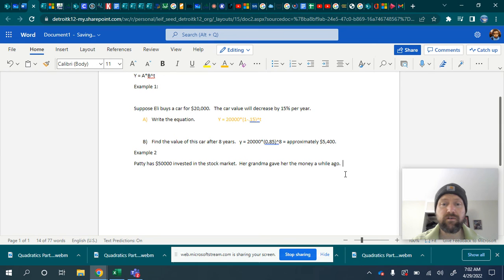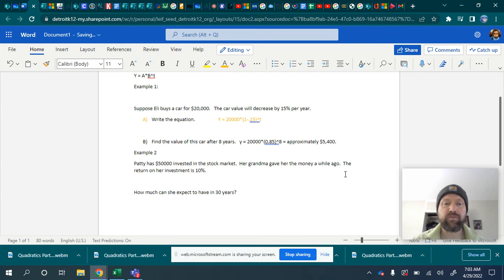Maybe her grandma gave her the money a long time ago. The return on her investment is 10%. The question is, how much can she expect to have in 15 years? Actually, she's going to save for retirement. How much can she expect to have in, let's say, 30 years? She's not going to do nothing with it, but later on she'll use it to retire.